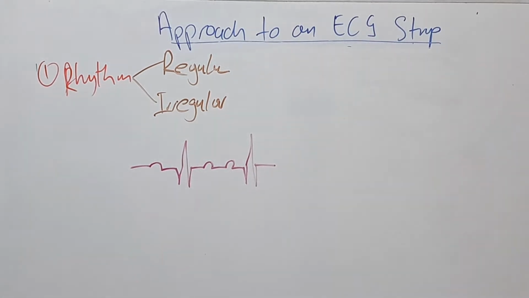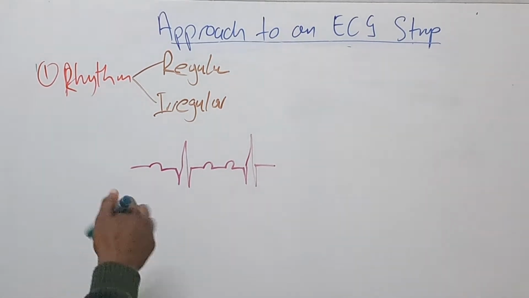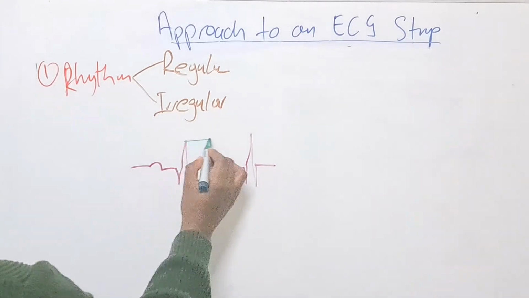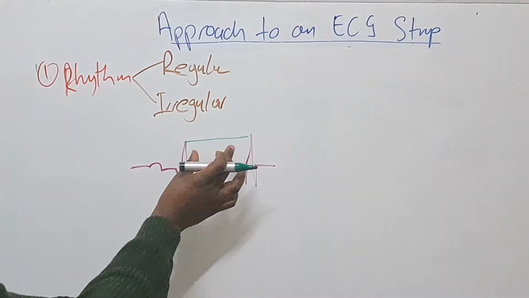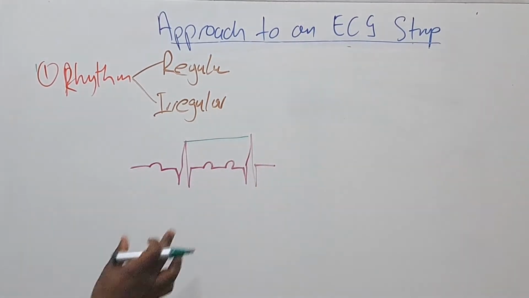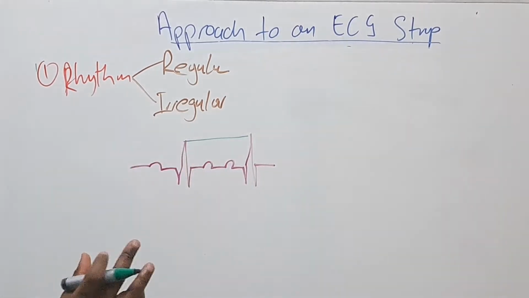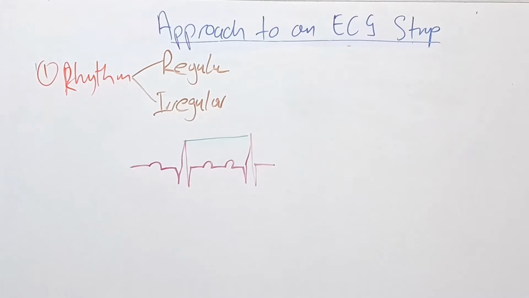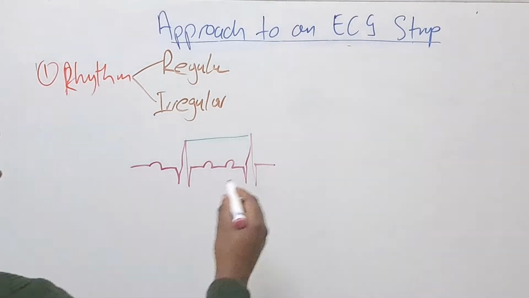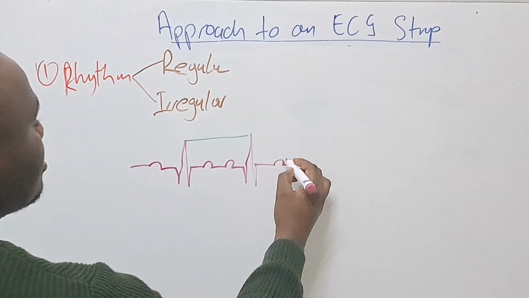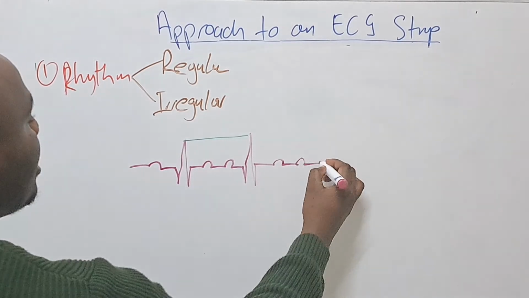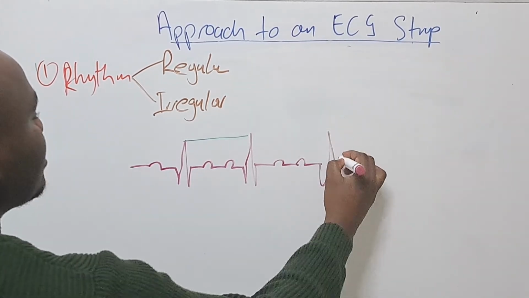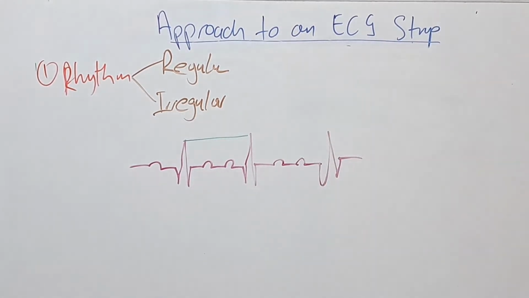If you've got a ruler, you can put a ruler across there and count how many centimeters or millimeters, and keep in mind how many millimeters, and then you measure the next interval and compare and see if they are the same or what is happening.